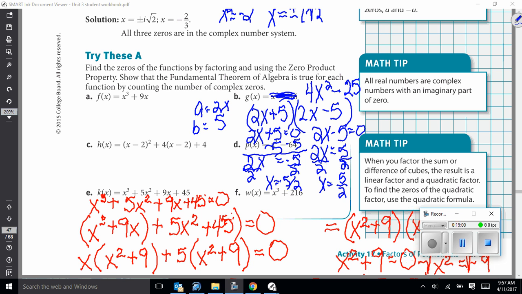So we have negative 5 over 2 and then positive 5 over 2. And so those are our two roots. So the original one was x to the fourth, so how many zeros would that have? 4.